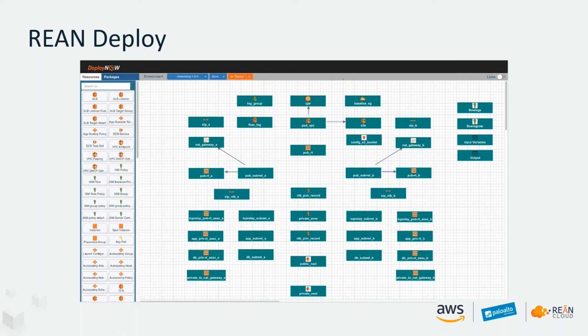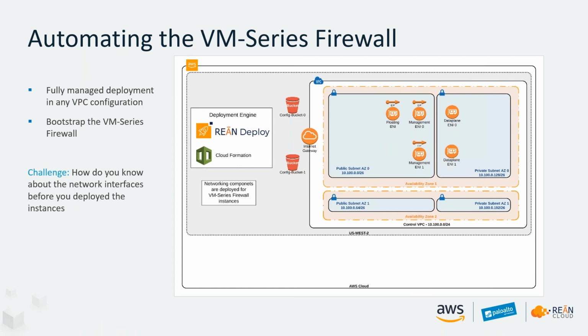And at the end of the day, we can do this in a very repeatable fashion for our customers. So once we had the foundation VPC, the control VPC there, then it was a matter of layering in the network components that would be required to support the VM series. And so as part of that, we configured those and pushed those out.